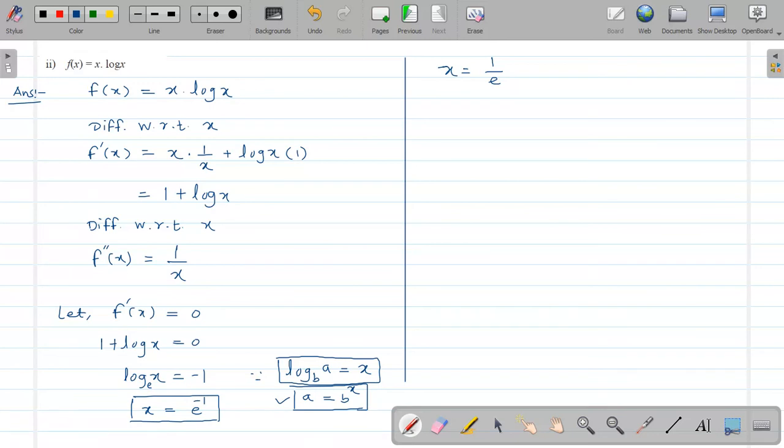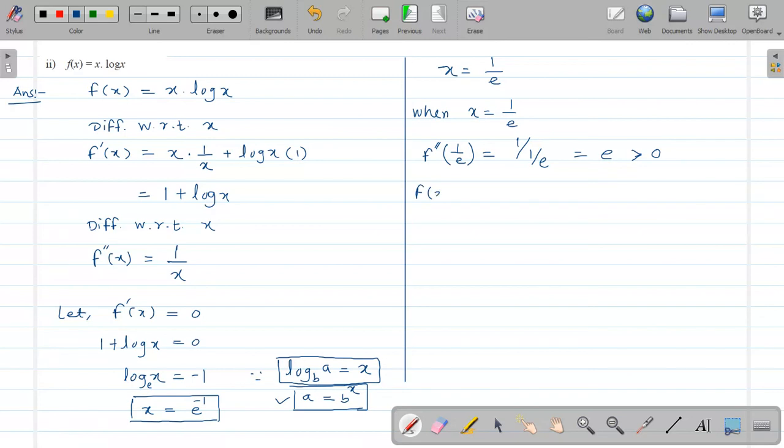Okay. Now when x is equal to 1 upon e, we have to check the second order derivative, that is f double dash of 1 upon e. See here. Now f double dash of x is 1 upon x. So f double dash of 1 upon e is what? 1 upon 1 upon e. That is equal to e. And e is a positive real number. So e is greater than 0. So what is our conclusion?